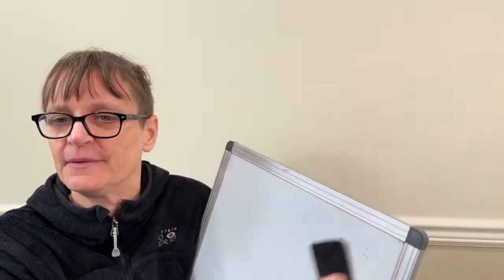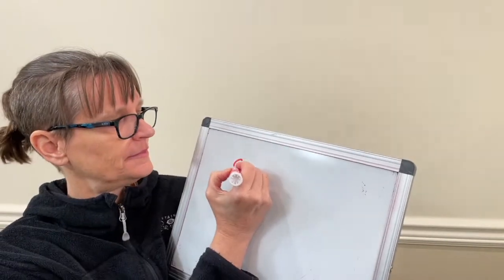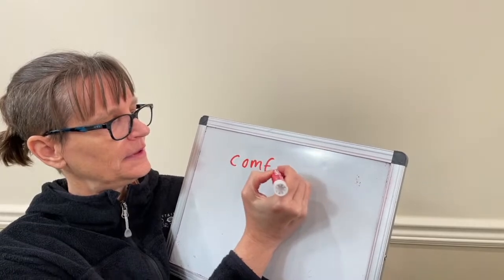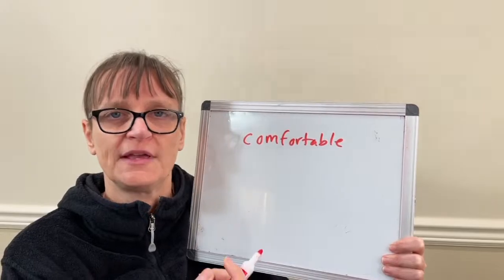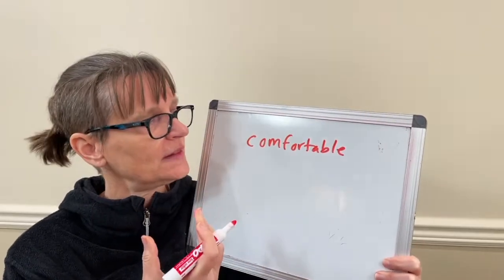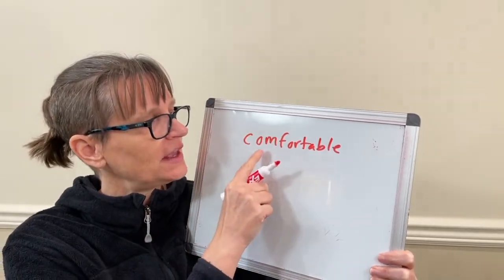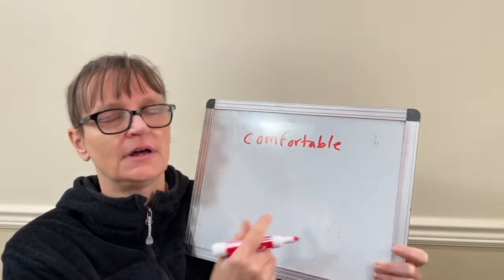Okay, let's see. We have a question about the word comfortable. So this is one that you'll hear some different ways that we reduce it and say it quickly. We rarely say comfortable with all four syllables.